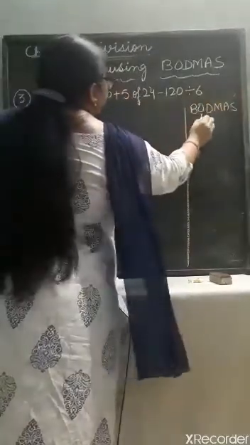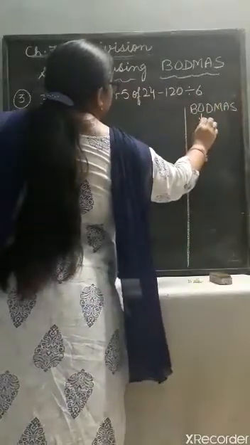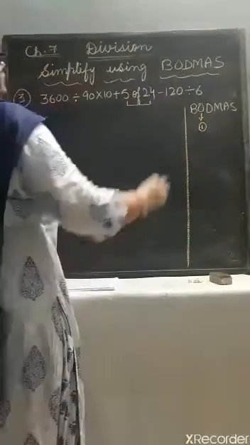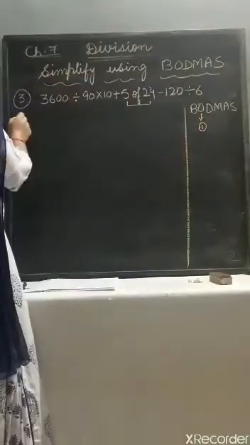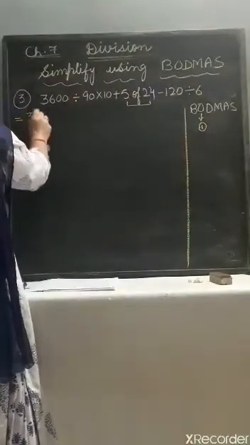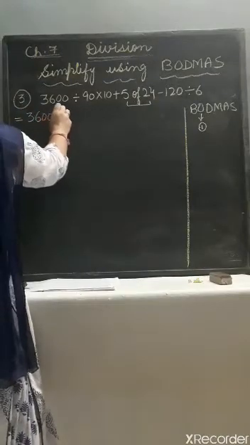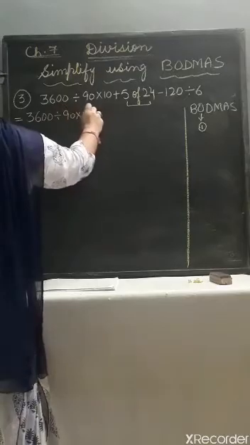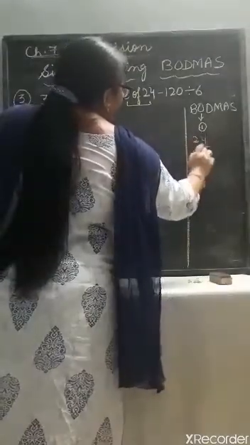Of will be solved first. 5 of 24. Rest of the question we will write as it is. 3600 divided by 90 multiplied by 10 plus 5 of 24 means 24 multiplied by 5.